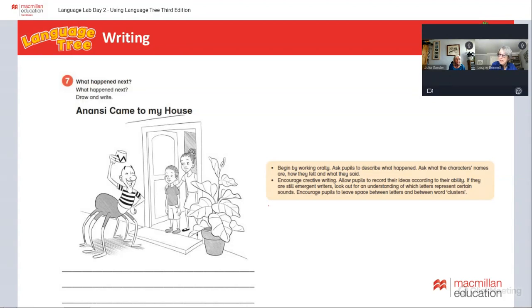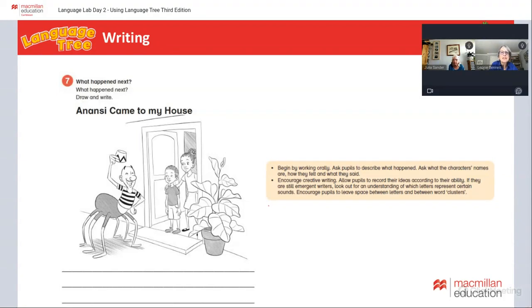Students begin by working orally, talking about the picture, how the characters felt and what they said, and also to predict what happens next. Then they're encouraged to write their ideas, and the teacher's note suggests what the teacher might look out for. It says, if they're still emergent readers, look out for an understanding of which letters represent certain sounds. So you're looking for the initial steps towards writing, but not insisting that they get it right.